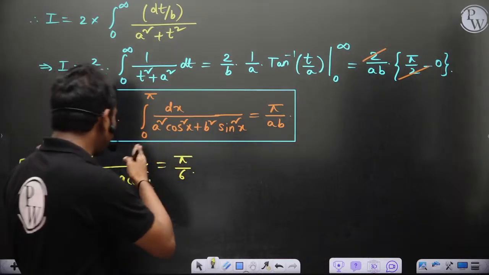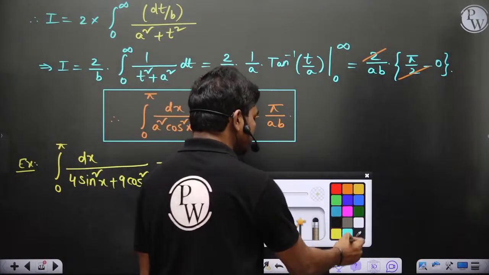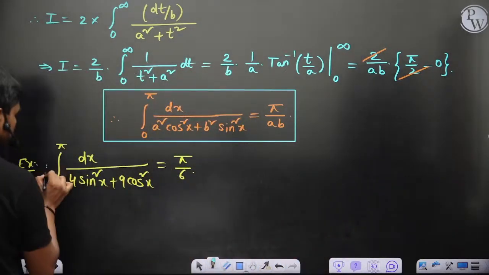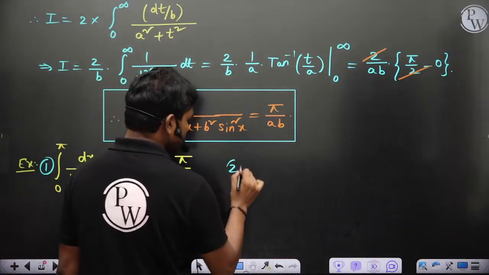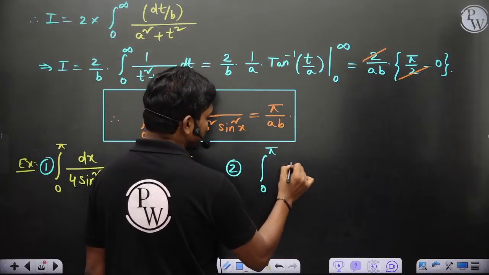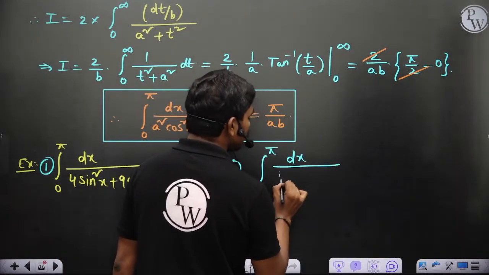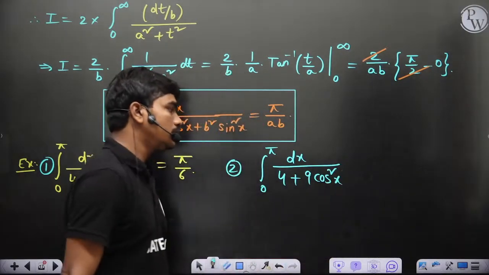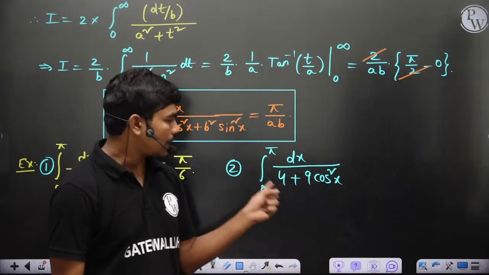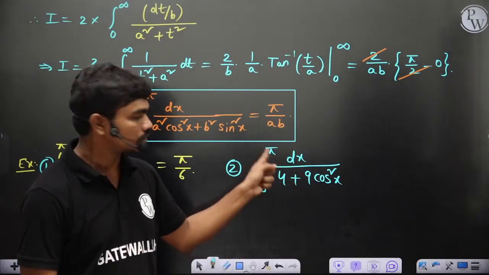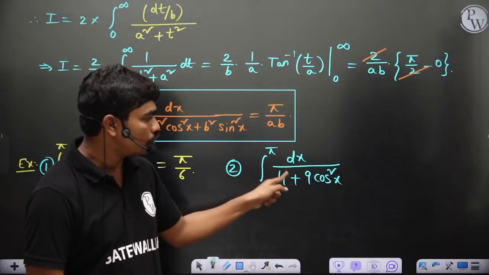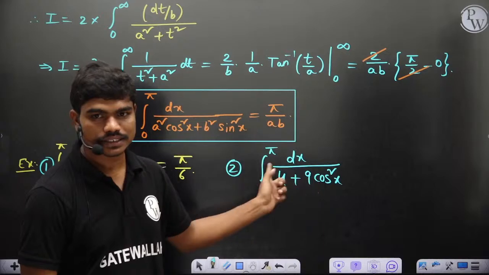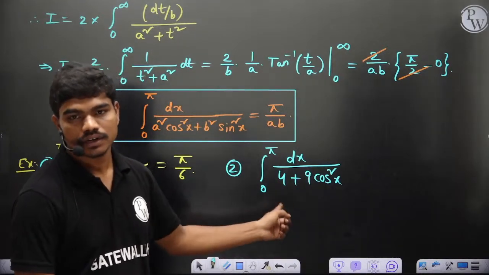If the question comes as it is in this way, it's a direct thing. Sometimes the questions come up like this: 0 to pi dx by 4 plus 9 cos square x, so dx is on the top. They'll ask you questions like this, integral 0 to pi dx by a plus b cos square x, or a plus b sin square x. Have you seen questions like this?